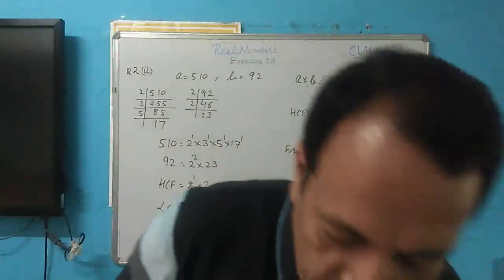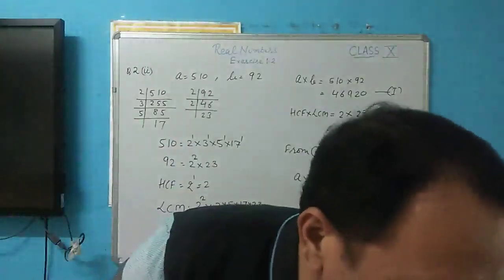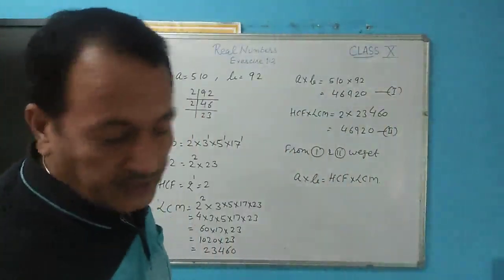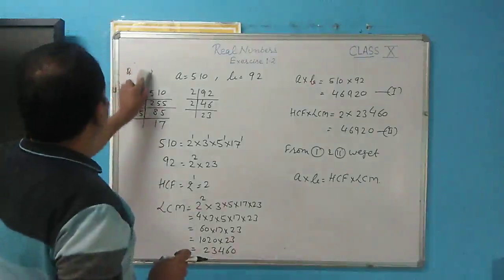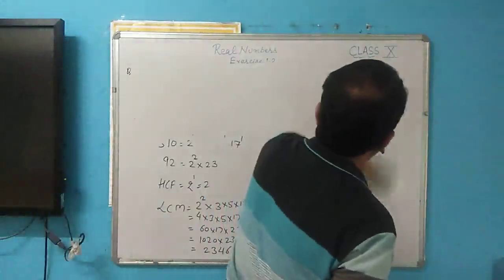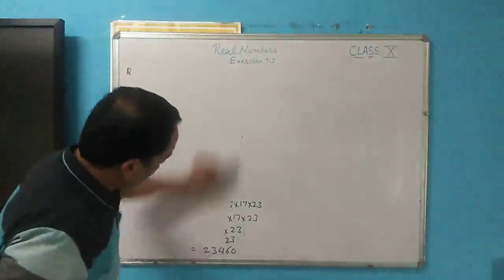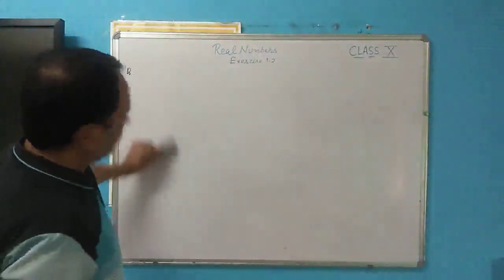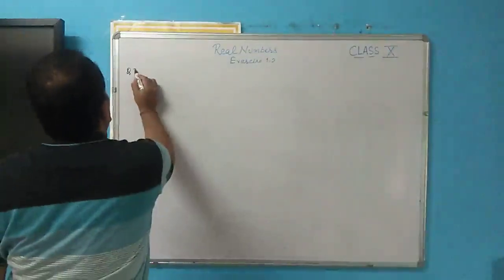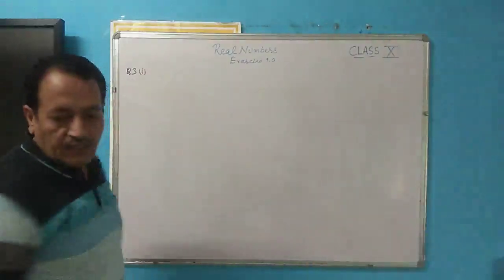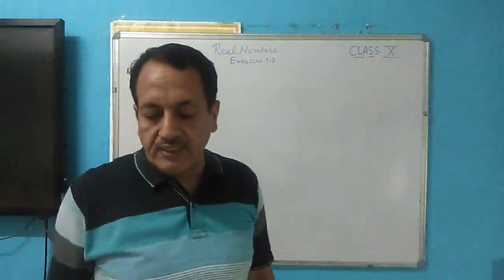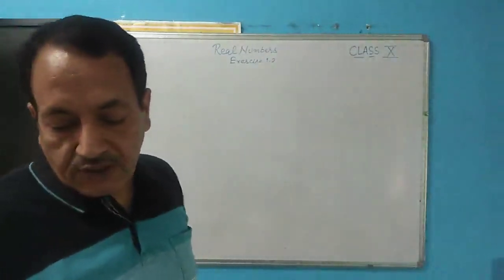Now we will come to the next question, question number 3, first part. In the third question, we have to find the HCF and LCM of the following integers by using the prime factorization method.